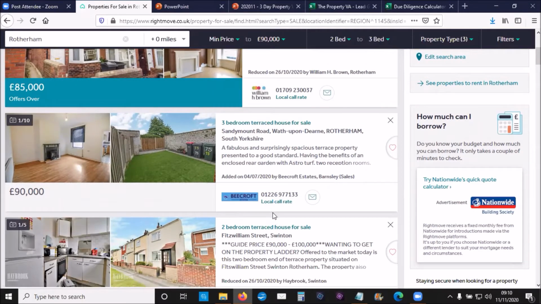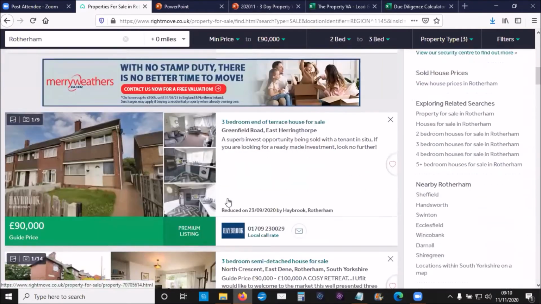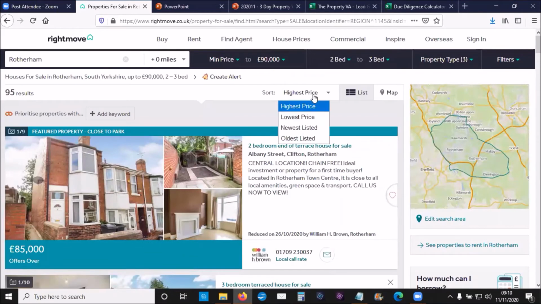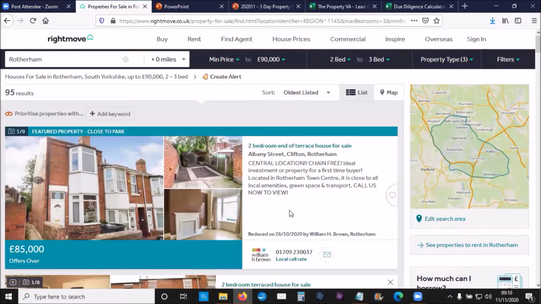Right, here we go. So for example, let's choose the oldest listed up here, because we want to be choosing the properties which we think and we assume have sellers who are the most motivated.